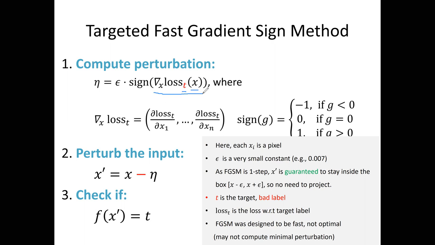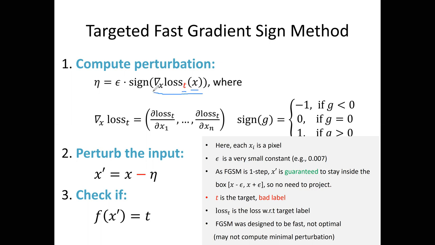In standard machine learning training, you typically compute the gradient with respect to the weights of the network, because that's what you're aiming to change, to find weights which minimize the loss. And here, we're going to try to find a perturbation to X which minimizes the loss.